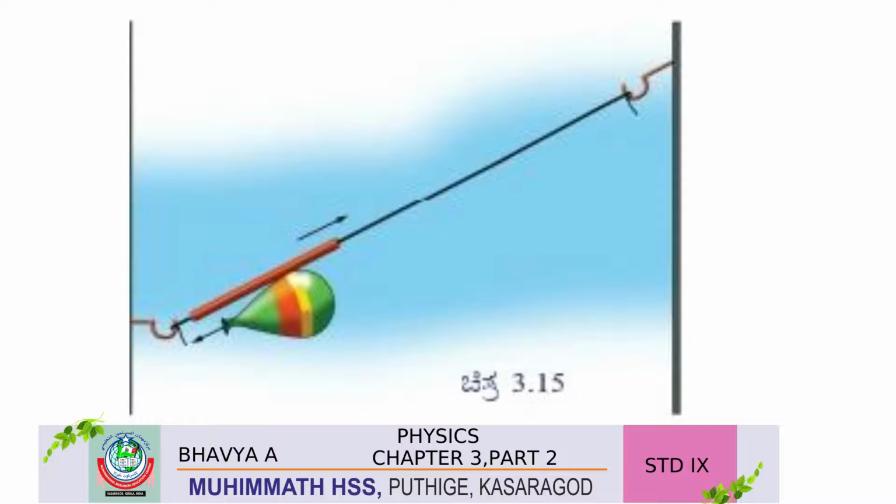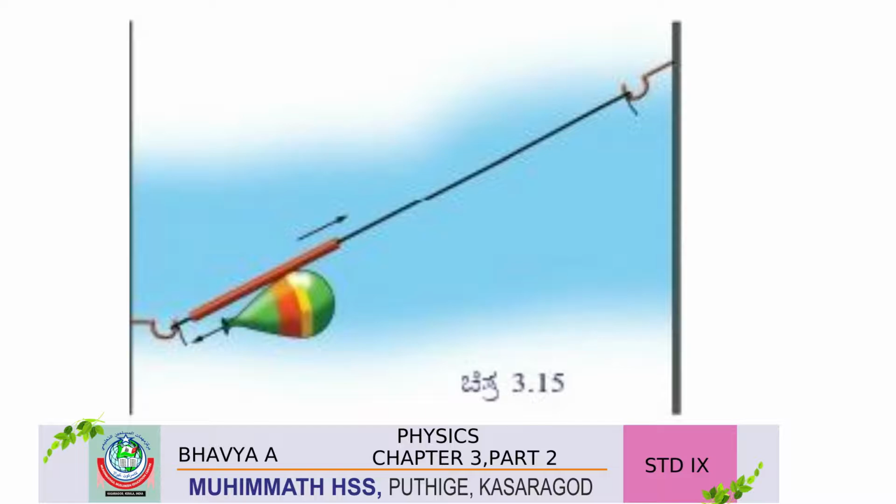When you release air from that balloon, the balloon moves in the forward direction and the air moves in the backward direction. Their action is the releasing of air from the balloon. The reaction is the balloon moving forward. So here action and reaction are in opposite directions.